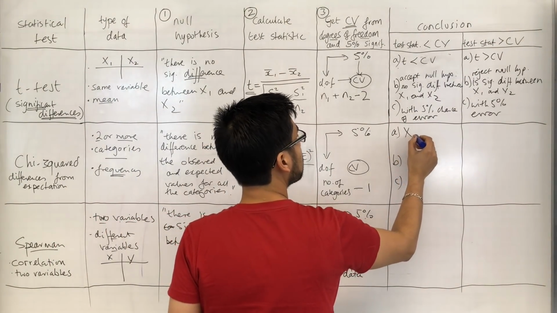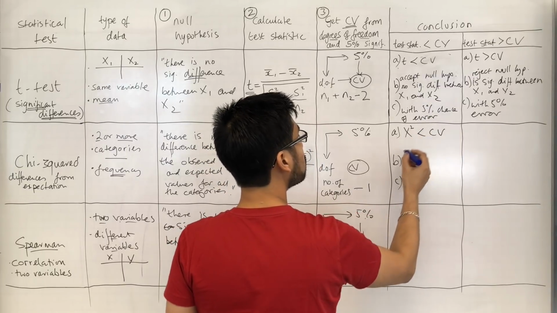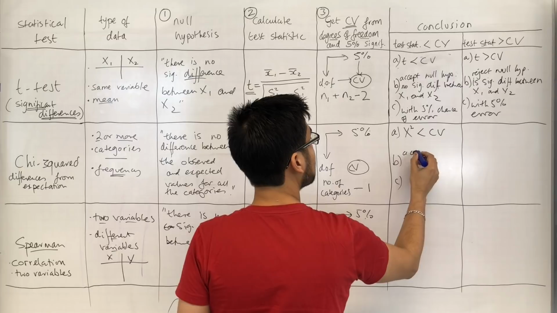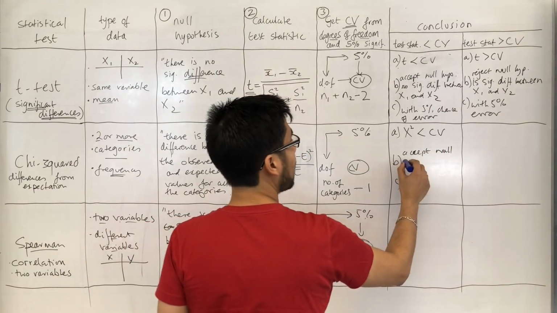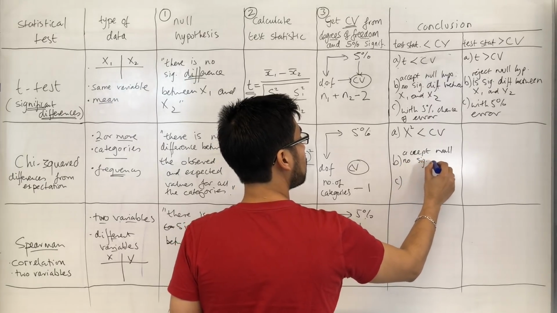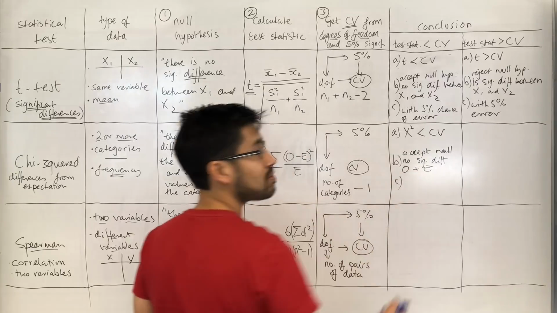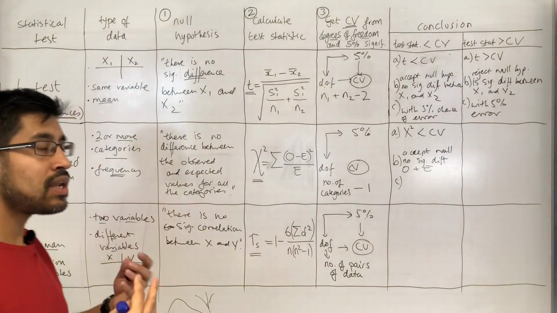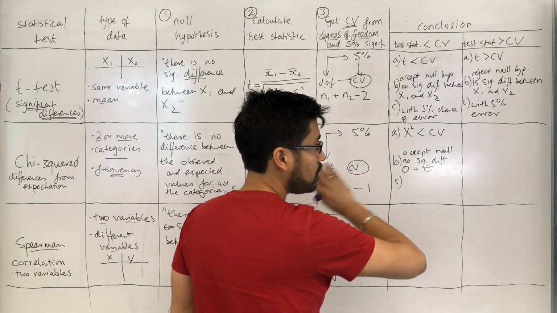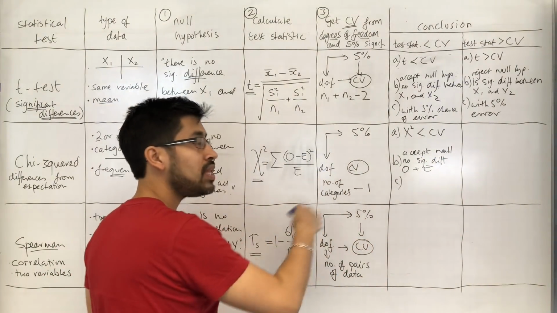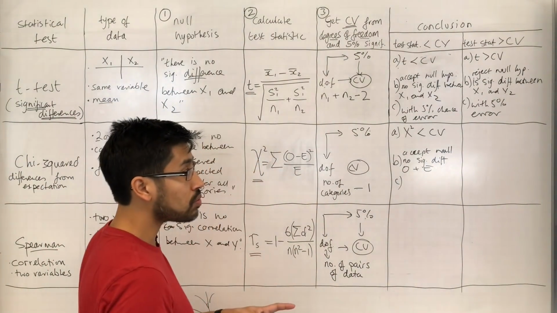We conclude that chi-squared is less than the critical value, so we accept the null hypothesis that there's no significant difference between the observed and expected values. Again, try and make it relevant to the context. Don't just repeat what you see here, but put it in the context of your exam question or whatever you're applying your test to.